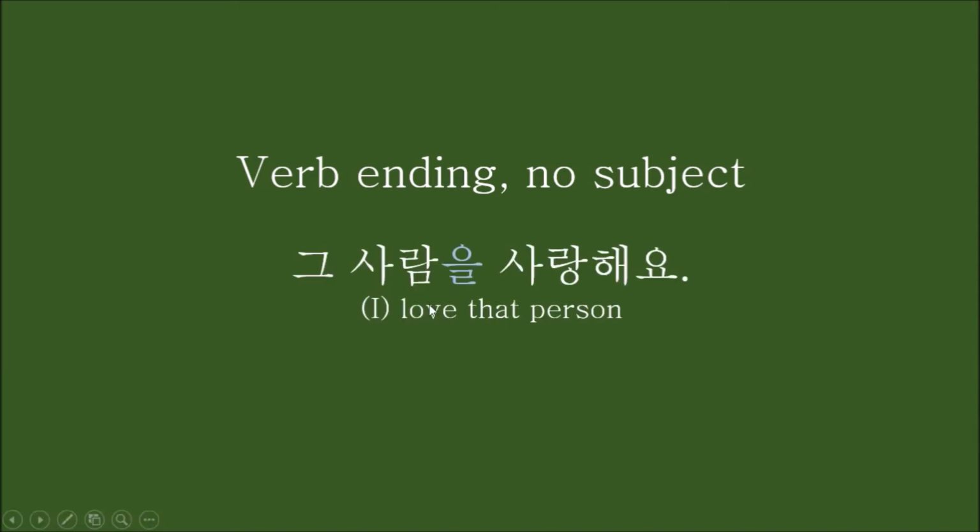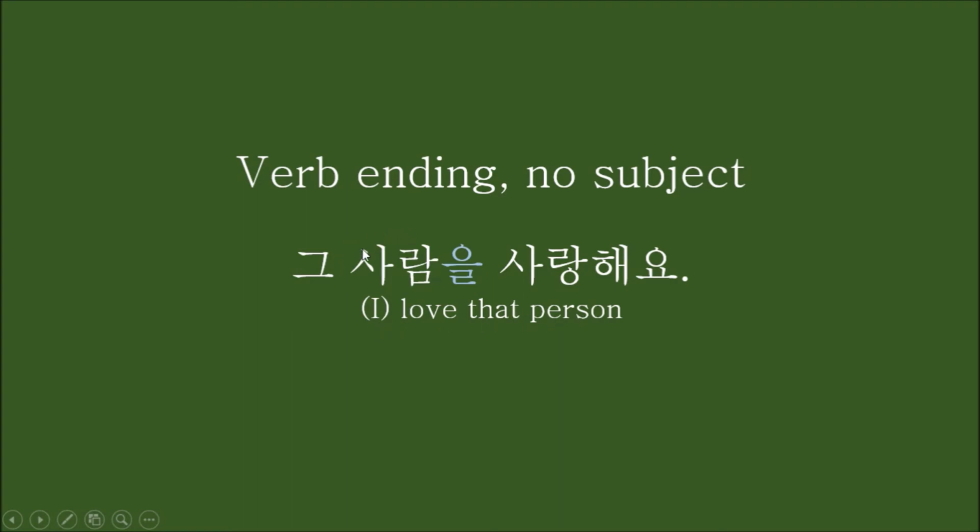Sentences with verb endings but without any subjects. For example, 그 사람을 사랑해요. I love that person. In this sentence, the I is omitted. It is dropped because it is an obvious statement that comes from a person, that is I. But in English it is I love that person.